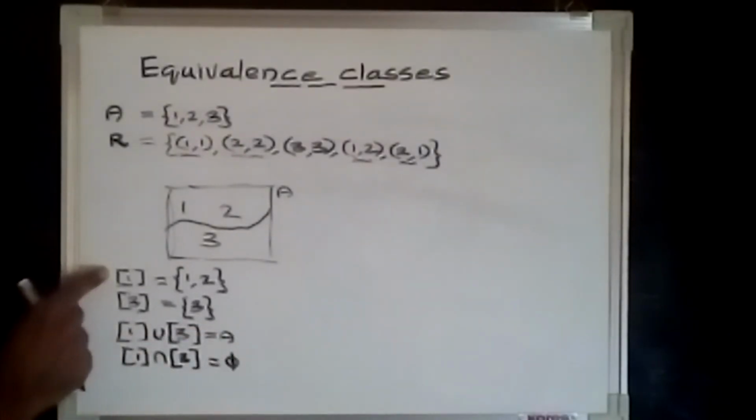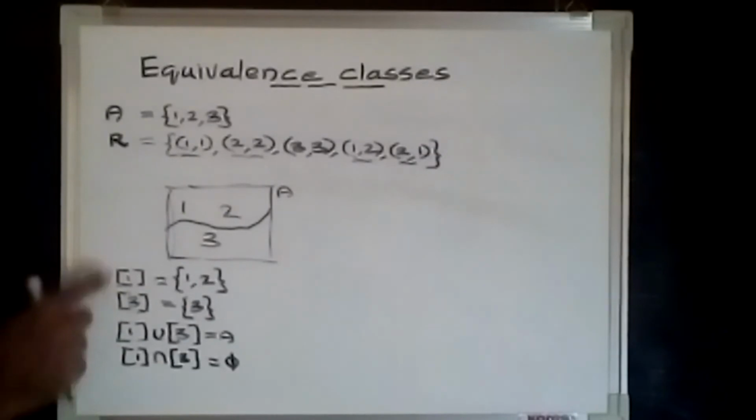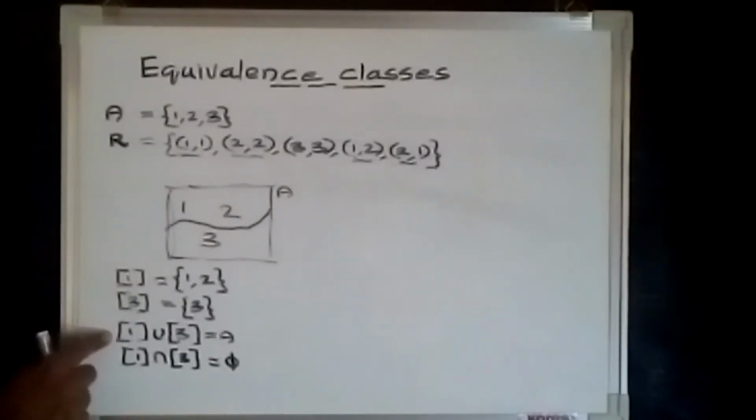As class 1 and class 3 have no elements in common, class 1 intersection class 3 equals the empty set. Thus, we have subdivided the given set A into two mutually disjoint equivalence classes, as their union is the given set and their intersection is the empty set.